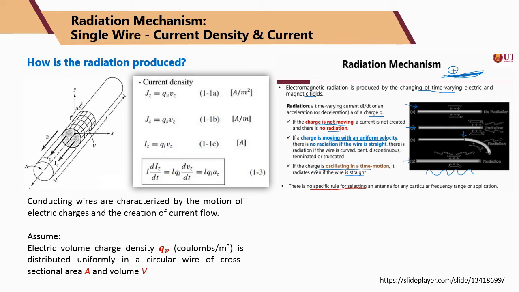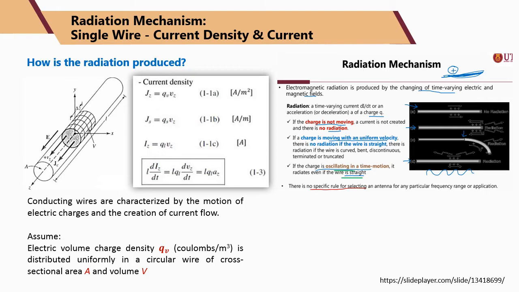When there's movement but with constant or uniform velocity, there is still no radiation unless the wire is bent, discontinuous, truncated, or terminated. And if the charge is oscillating, okay, there's oscillation in the time domain or a time varying field, although the wire is straight, there is still radiation.